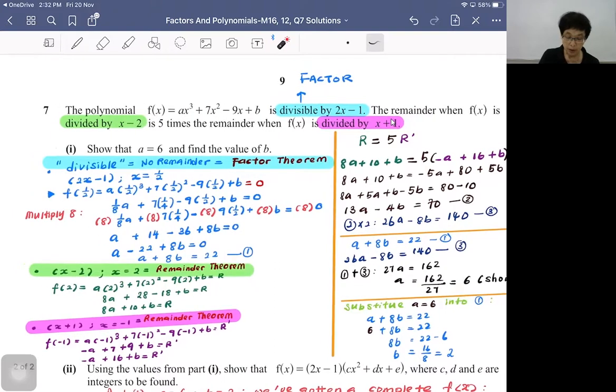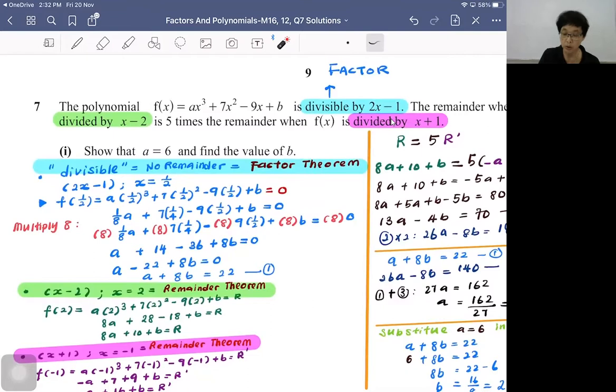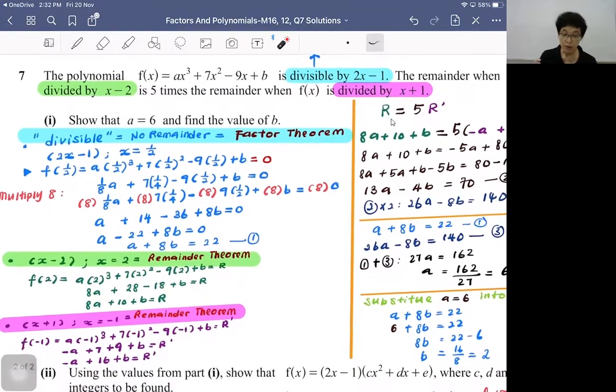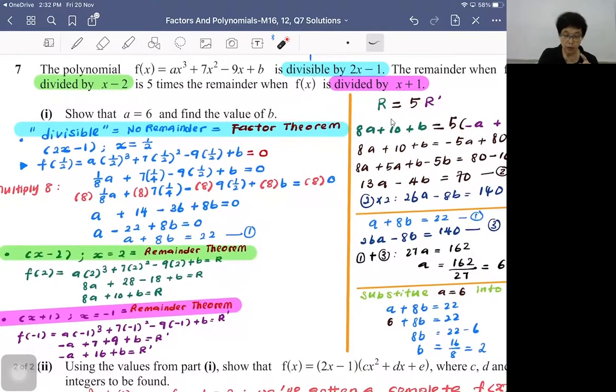Therefore, from the divisor given to us, or the factor, which is 2x minus 1, we are going to draw out the root, which is x equals 1 over 2. And by the factor theorem, we're just going to substitute the x value, in this case 1 over 2, accordingly into the f(x) statement given to us.